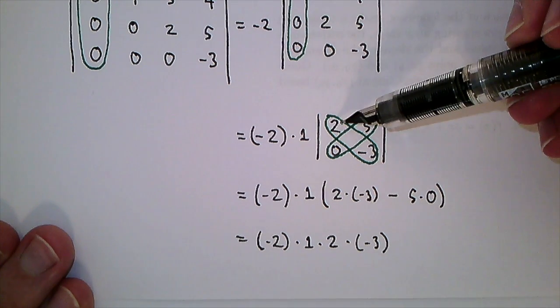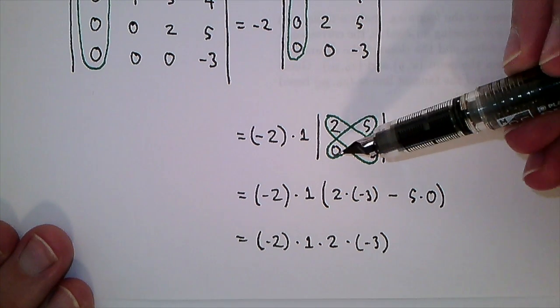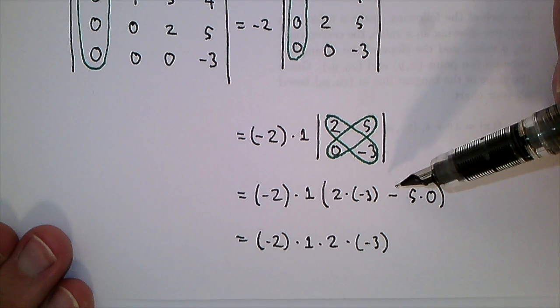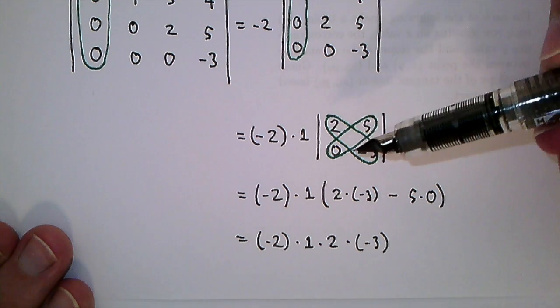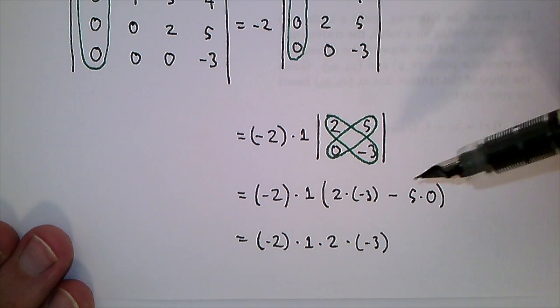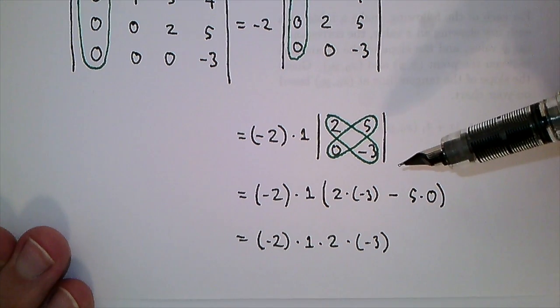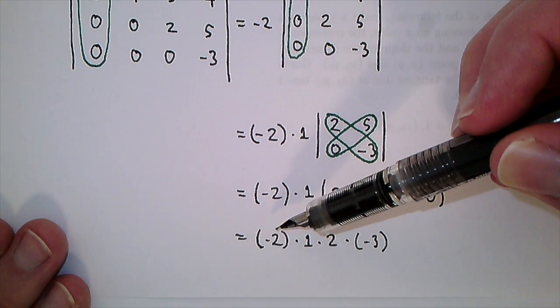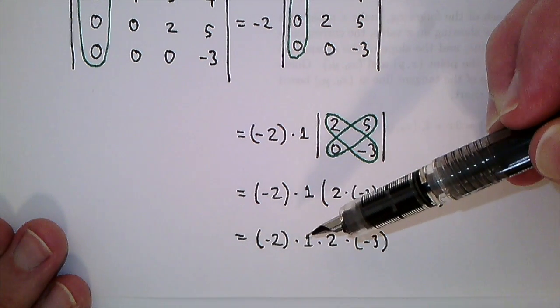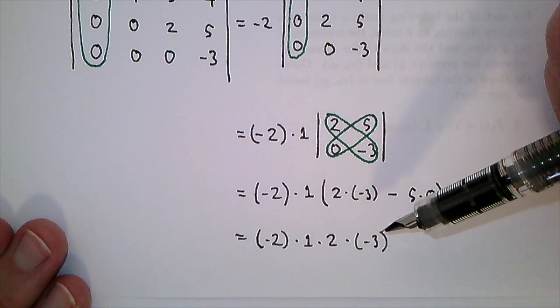So we multiply diagonal entries and subtract. Notice that 5 is being multiplied by 0, so this doesn't play any role in the determinant. And at the bottom here, I've just written out what we get. Minus 2 times 1 times 2 times minus 3.